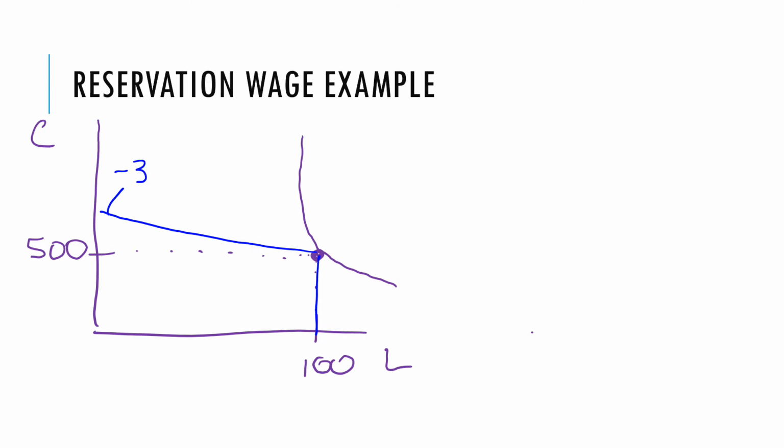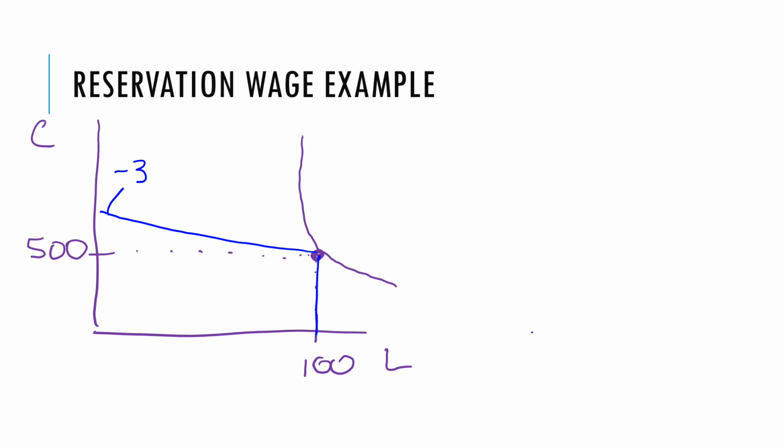Not the same as in our previous example. At this wage of 3, this person has clearly chosen not to work. Now, the question is, what wage will it take to get them to work?